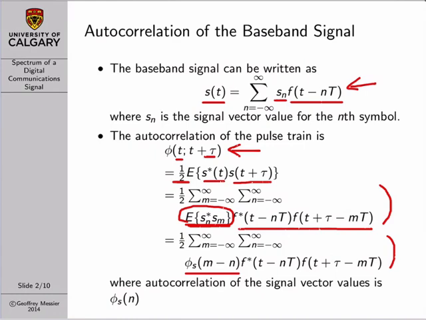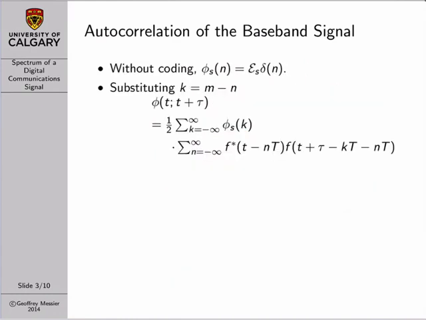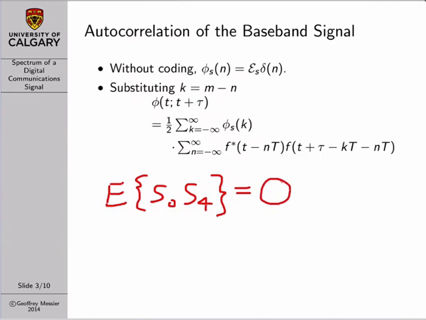time index of m. Now, in general, there could potentially be correlation between information symbols, or signal vector values at different times. So for example, if we look at the expected value of, let's say, S0 multiplied by, maybe S4, this is going to be equal to 0 if S0 and S4 are statistically independent.